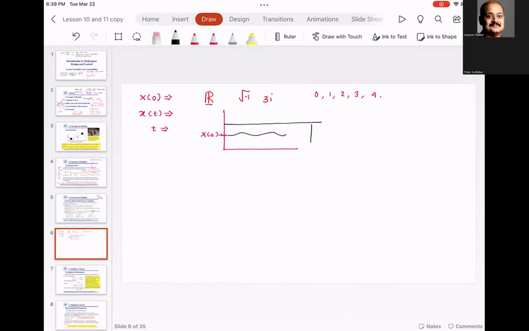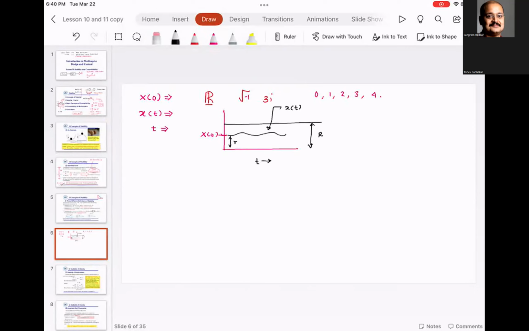So this is capital R, this is small r, this is time, and this is x of t. Are you with me? That is all that equation means.